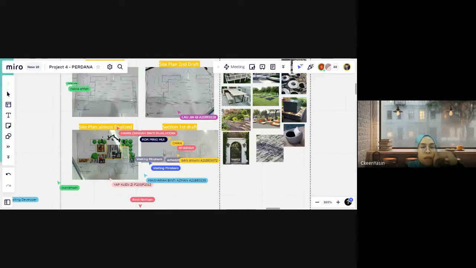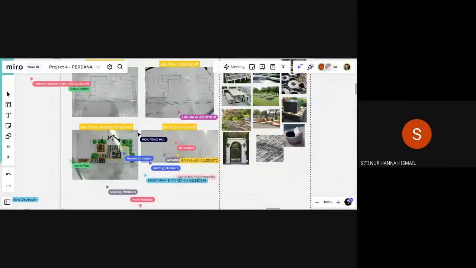Probably another solution to resolve the hard surface issue is to put a tree with grating over here. You can put the tree on the hard surface with tree grating in some of this area, so you can have a walkable area.